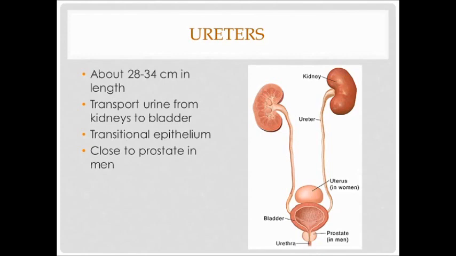In men, they are really close to the prostate, which is going to be important in conditions like BPH, benign prostatic hypertrophy, when men's prostates get too large. The ureters might be compressed if the prostate gets too large, which would cause a stoppage of the flow of urine.